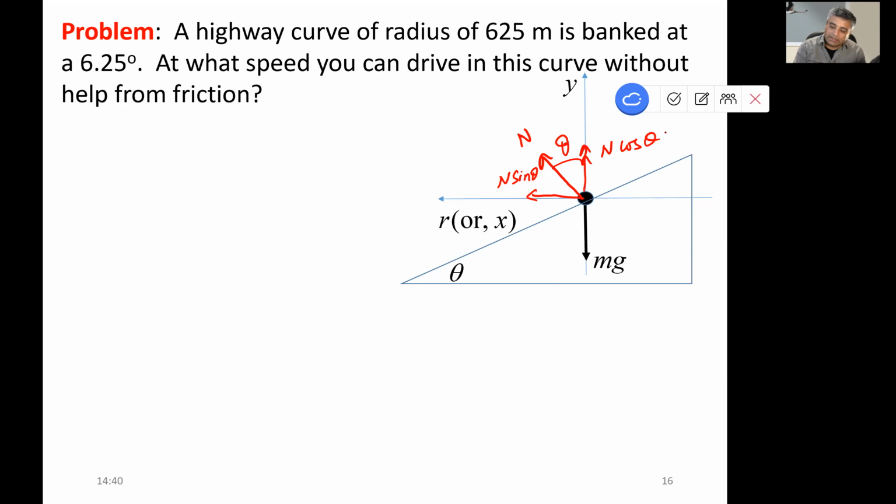Once we have that, we can forget about n. So now along the radial direction, there is only one force.